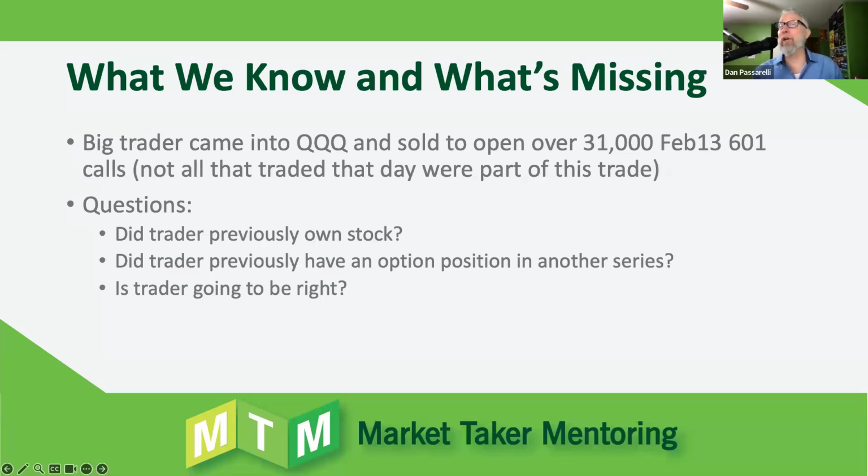So maybe one customer is long 3,100,000 of those, but they have another customer that's long 500,000, another that's short a million, and the data ends up being convoluted. And to boot, that data is like 3 weeks old. I think it's 3 weeks. So it's really hard to tell.